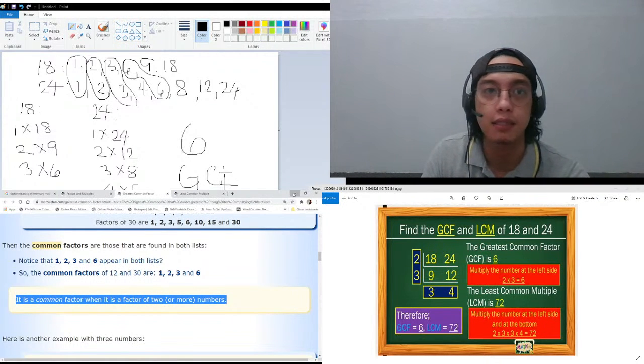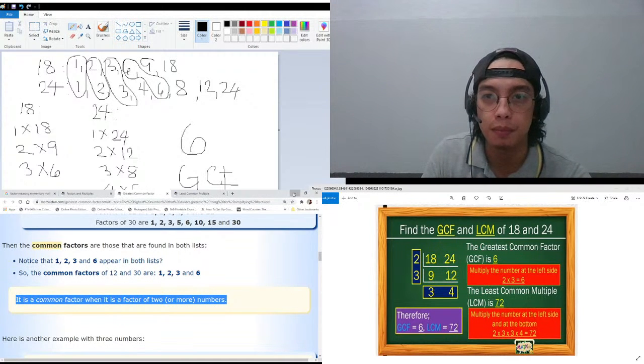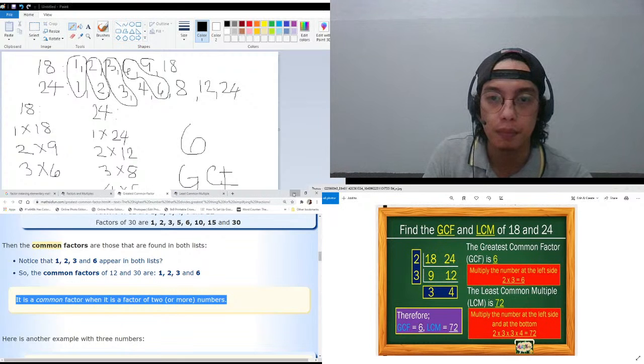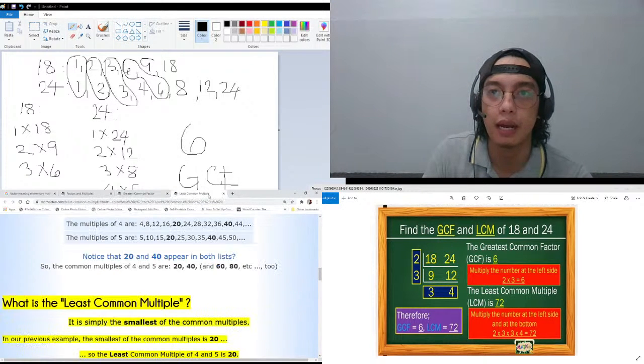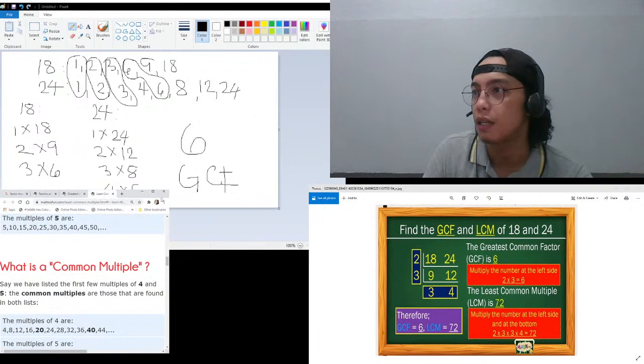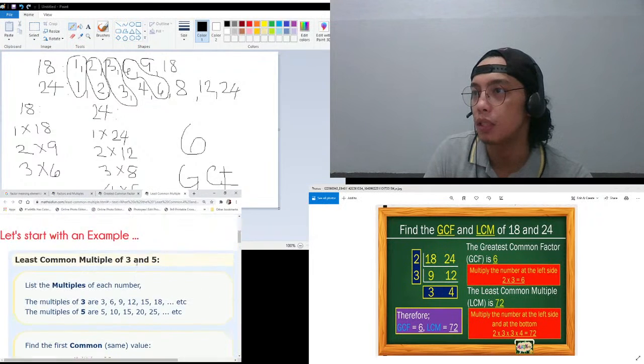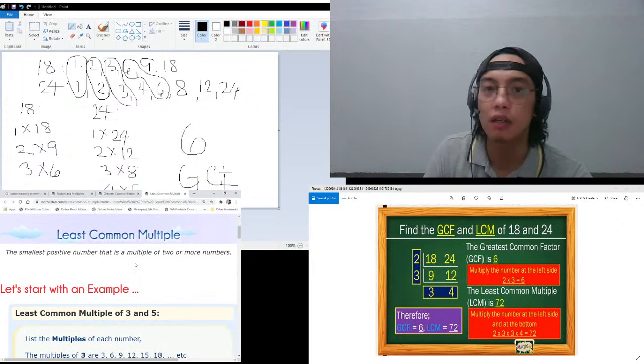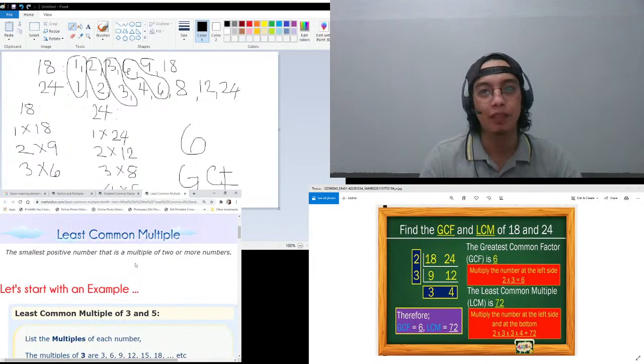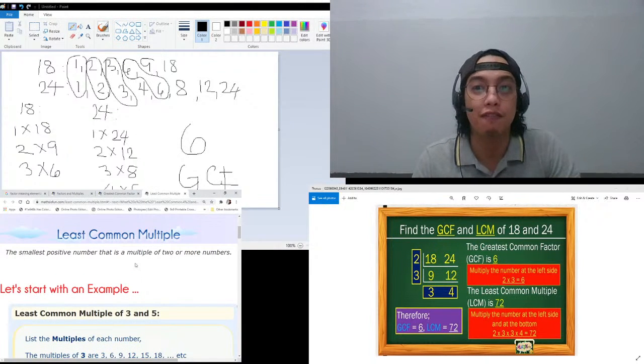LCM is another thing that you want to know about. Common multiple. Okay? Least common multiple. Earlier, we talked about the greatest common factor.